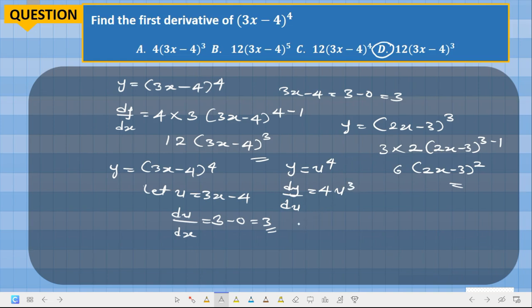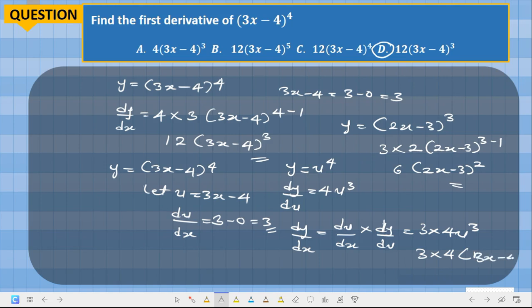Okay, now what you do is your dy/dx is du/dx times dy/du. Du/dx is 3, times dy/du, which is 4u raised to the power of 3. This becomes 3 times 4, bracket u to the power of what?